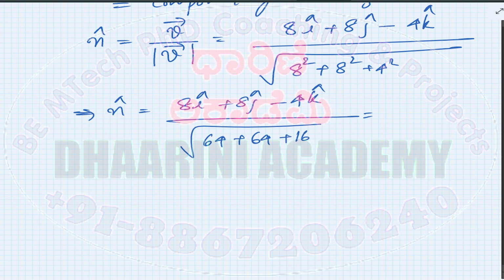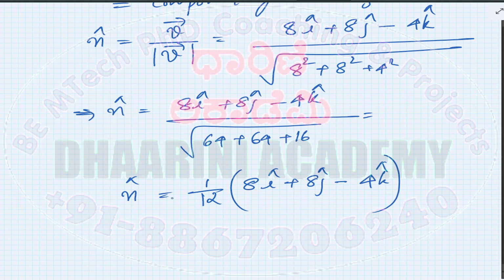Let's calculate that value now. 64 plus 64 plus 16 is 144. So there is a proper answer for that. This is 12. So I can write n cap is equal to 1 by 12 times 8i cap plus 8j cap minus 4k cap.